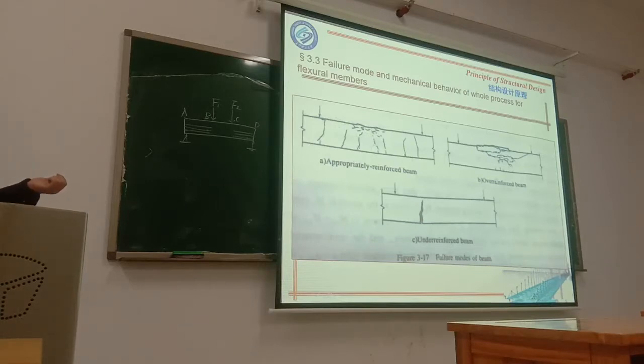But this second one is an over-reinforced beam. That means you put too much steel inside. In this situation, the steel has not yet reached its yield strength, say only a very small crack is generated.